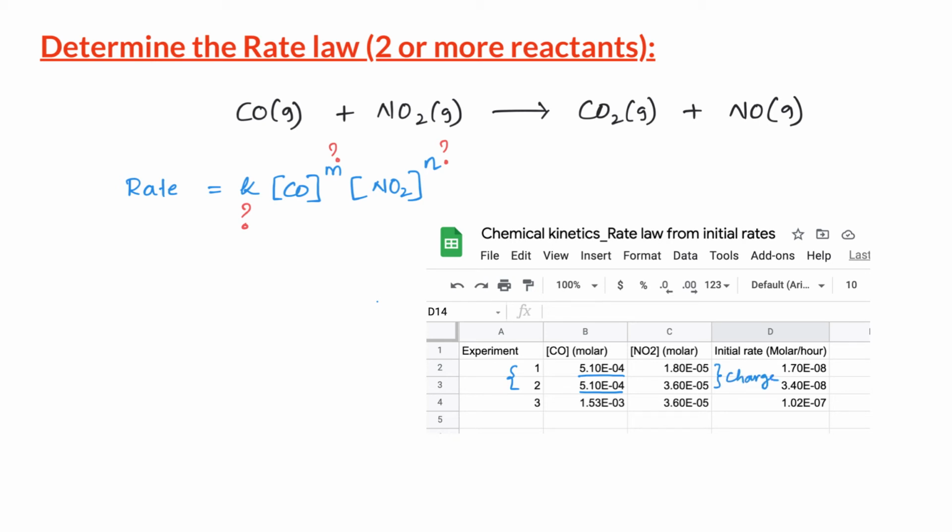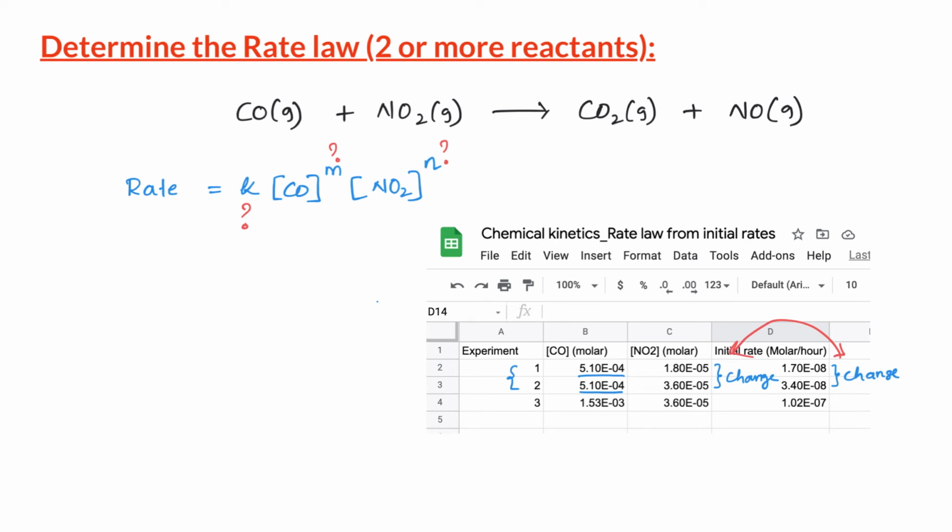Since the concentration of carbon monoxide is kept constant between these two experiments, the change in the rate of the reaction between experiment 1 and 2 is solely because of the increase in concentration of NO2.